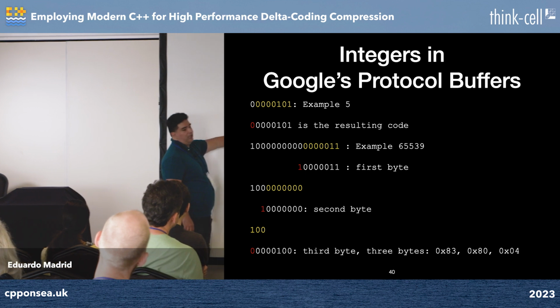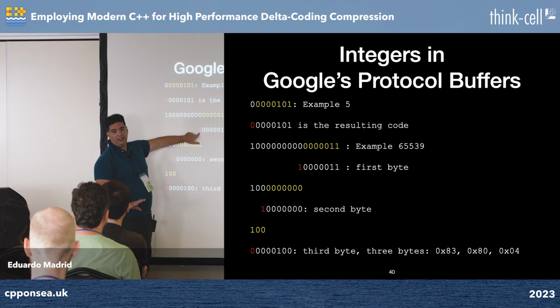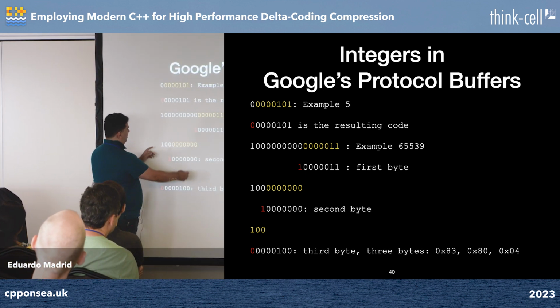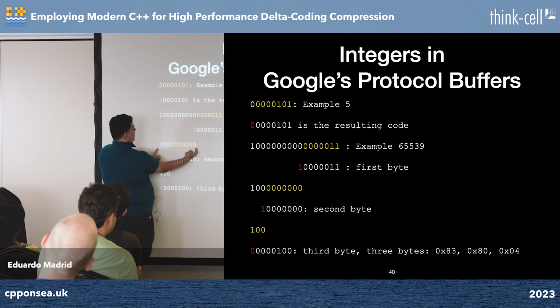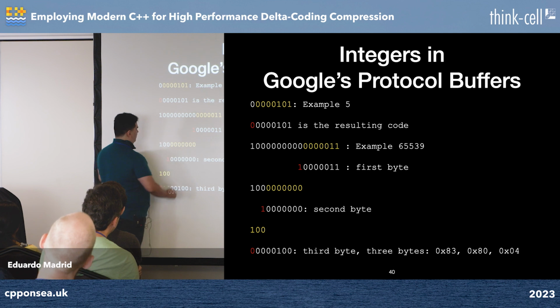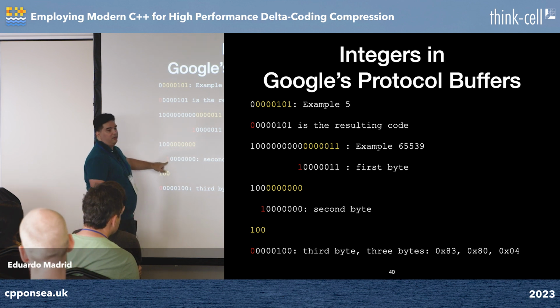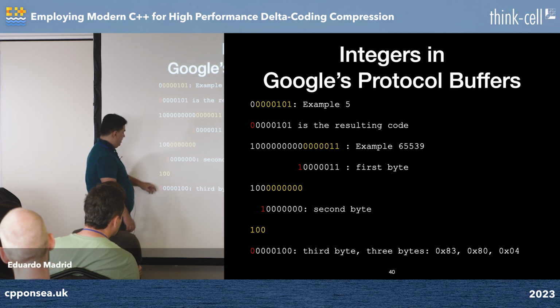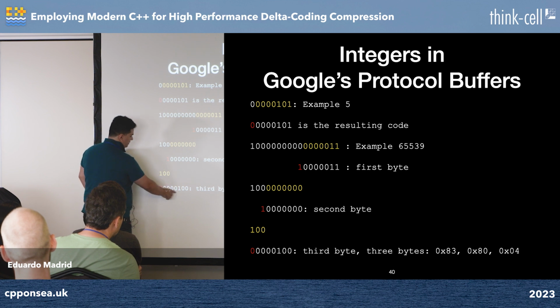Therefore, we need an extra byte, at least one more byte. And now what we're challenged with encoding is this, but we can only pick 7 bits. So we again need another byte. And finally, we get to something that we can encode in a byte.